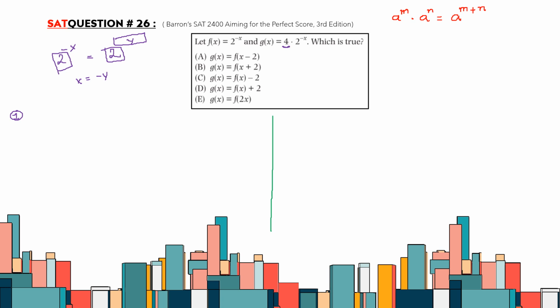To do that, we look at g of x and rewrite it in that direction.